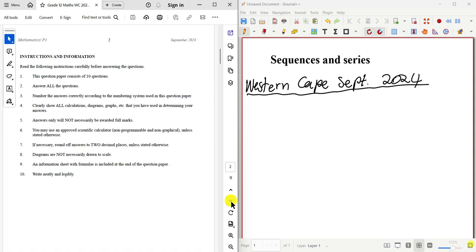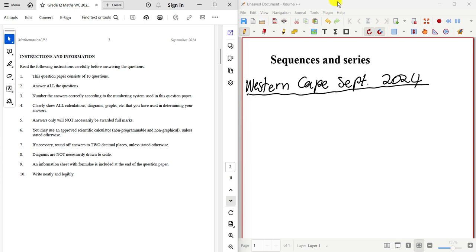Answers only will not necessarily be awarded full marks. Instruction number 7. If necessary, round off answers to 2 decimal places unless stated otherwise. So remember, try to show all your calculations, graphs, and anything that you have used in determining your answers. That's very important.